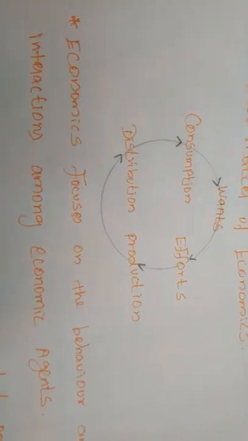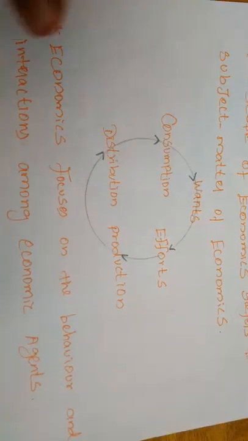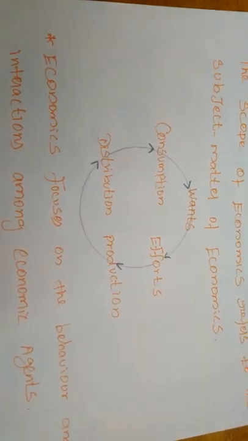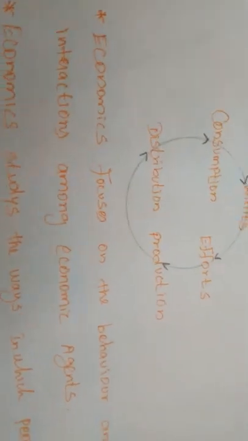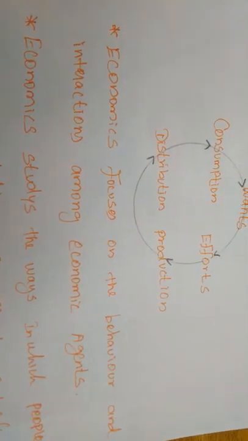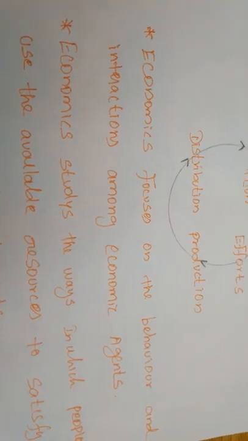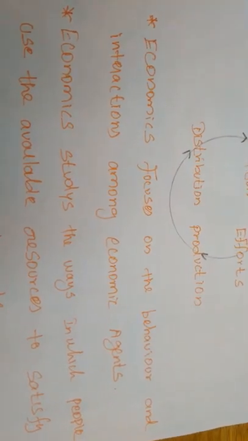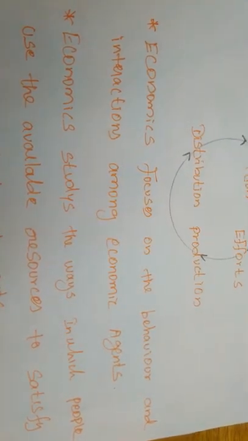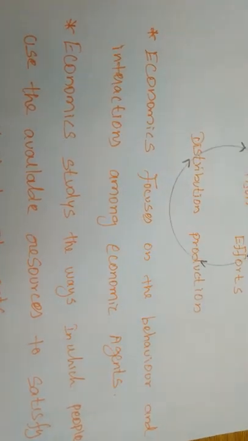Not only that, by seeing this circle, what is the other side, or what is the subject matter also consisting of? Economics focuses on the behavior and interaction among economic agents and the individuals and groups belonging to the economic system.